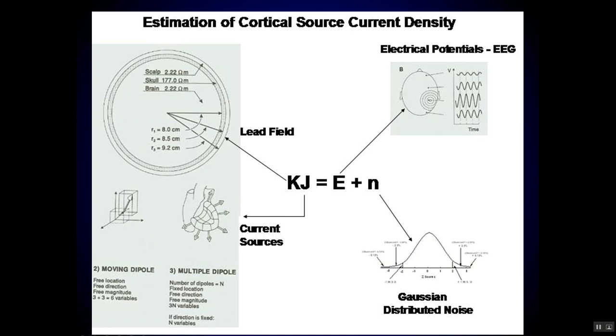So it's a linear function. Once you know K, which is really a spatial relationship between each voxel and the sensors at the scalp surface, and you know the electrical potential, and J is the unknown, you can divide K into E and get J. So that's how you get the current densities inside each of the voxels.